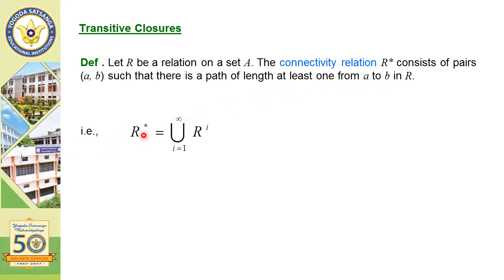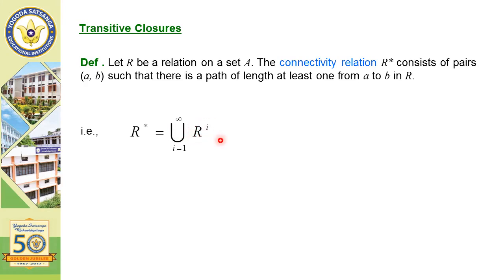The definition of transitive closure is as follows. We take a relation R, and we find R to the power 1, R to the power 2. R to the power 1 is the given relation, that is, path length of 1.